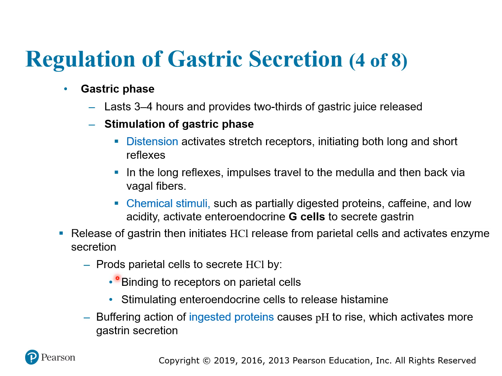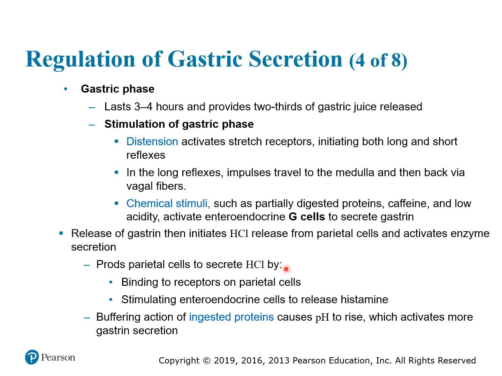And it prods the parietal cells to secrete HCl by two mechanisms. So this is the gastrin. How does it cause the parietal cell to secrete HCl? Number one, by binding to the receptors on the parietal cell, and secondly, stimulating the enteroendocrine cells to release histamine. So gastrin directly acts on the parietal cells and causes them to release HCl, and secondarily it causes the enteroendocrine cells to release histamine.